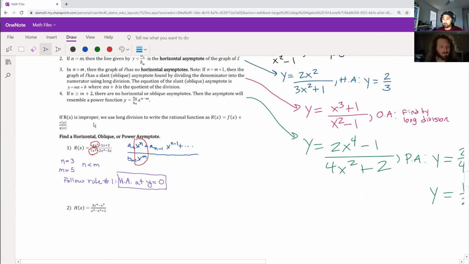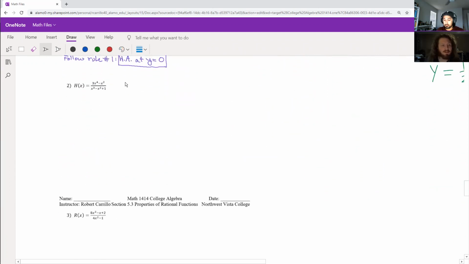Okay. So again, we're looking at our leading terms here. To make this a little bit more explicit, compared to last time, we have 3x to the 4th, and we have x cubed.